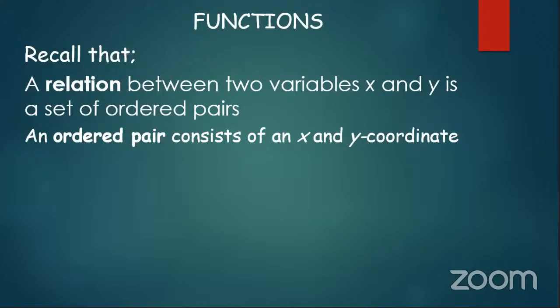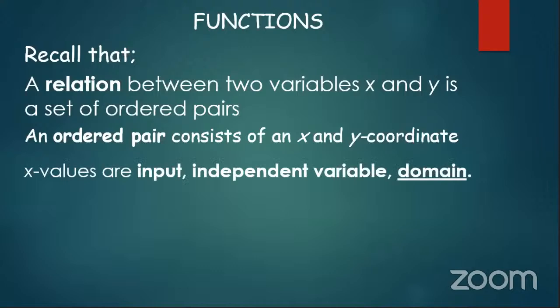So x values are the input, independent variable, or what we call a domain. So the unique input is an independent variable, and in math, we stress so much on calling it a domain. That is the x value in the ordered pair.